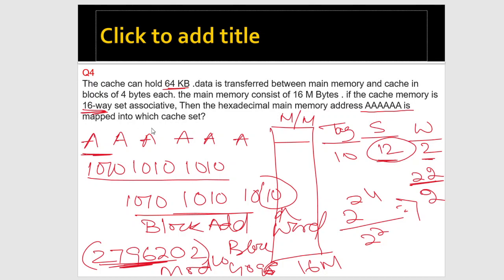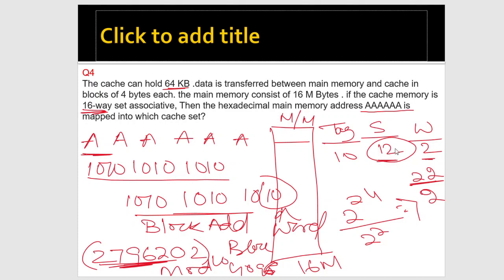So this way you can determine any particular address in any format, whether it is decimal, binary, octal, or any address. This is the mechanism. You have to encode the address in the form of block and word address. Once I get the block address in any number system, then I have to map it, in set associative mapping, to the corresponding set by doing the mod function of the set number.